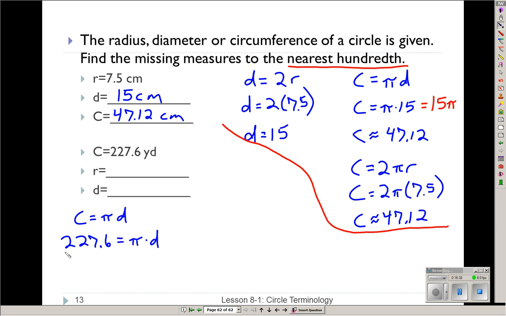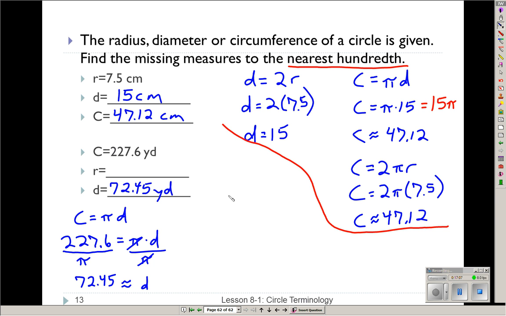Since it's the diameter times pi, we'll do the opposite operation and divide both sides by pi. The pi's cancel over here, and 227.6 divided by pi is approximately 72.45. So that's 72.45, and the label is yards.